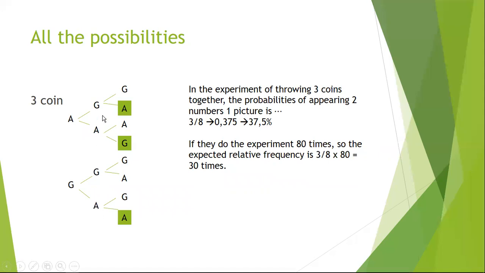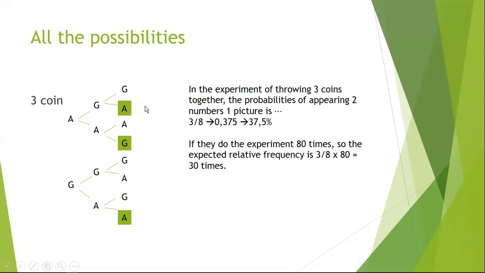So if we throw 2 coins, we have 4 possibilities. How about 3 coins? We just need to add one more here. If you need 4 coins, just make one more again, and so on.